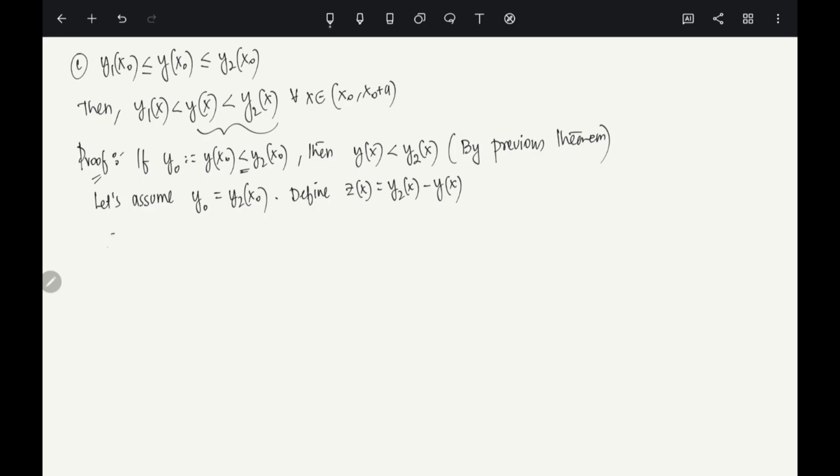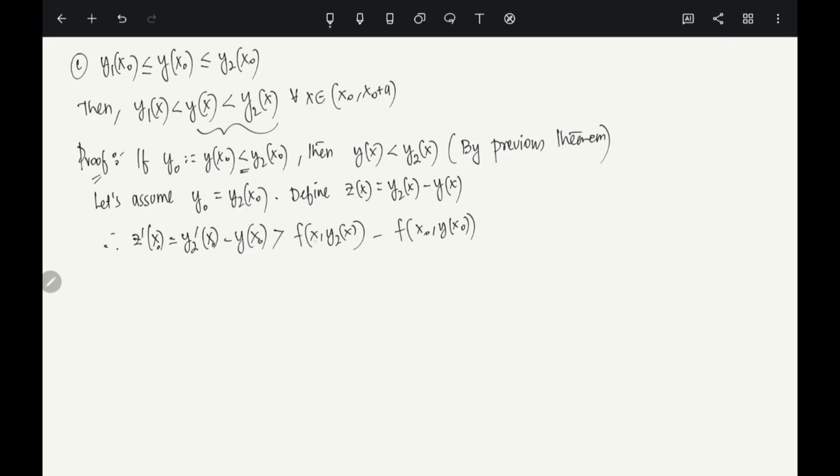If we do that, therefore z prime of x is y2 prime of x minus y prime of x, right? That's what we are going to get, and this is greater than f of x, y2 at the point x minus f of x naught, y at the point x naught, evaluated at the point x naught.